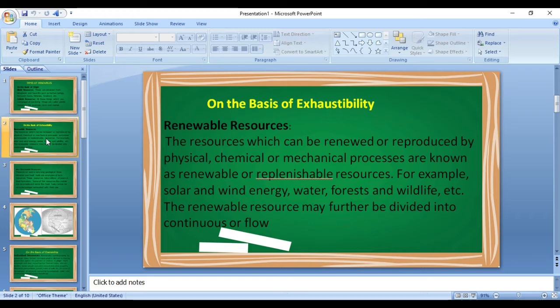Chemical change: you may have seen various rocks in nature exposed to rainwater. When rainwater falls from the sky towards the earth, it absorbs carbon dioxide and various other gases within it, and it becomes carbonated water.